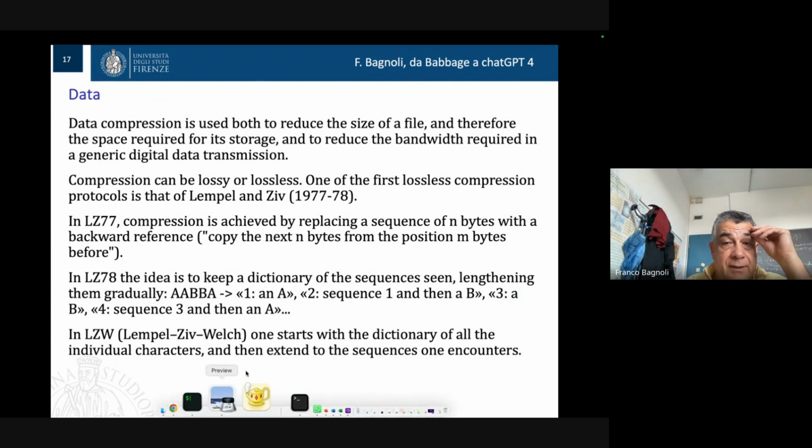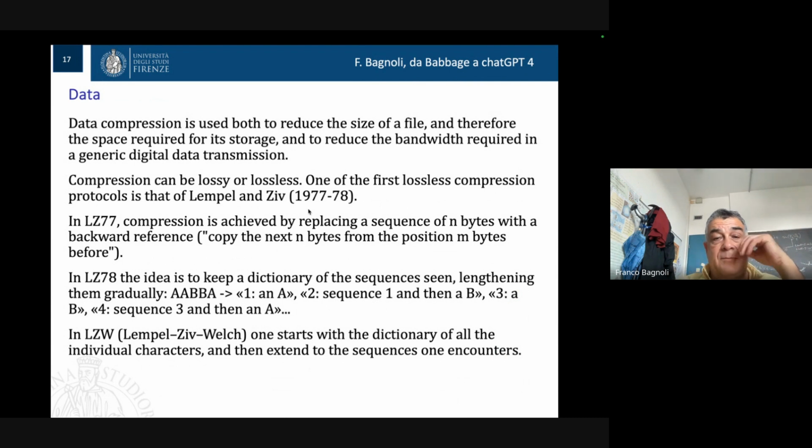So the 70s is also the period in which a lot of protocols for data compression were developed. One of the most famous was the Lempel-Ziv compression scheme.